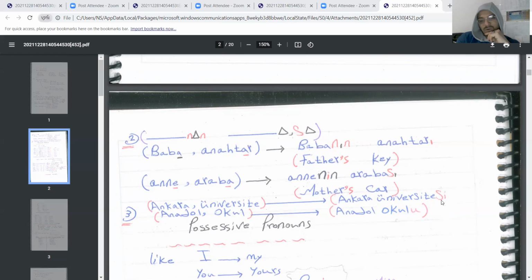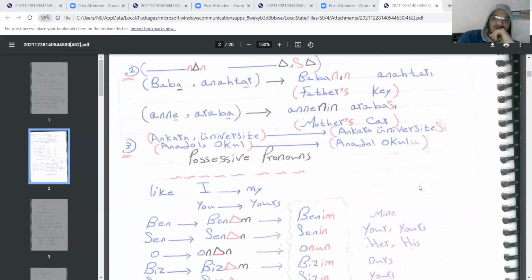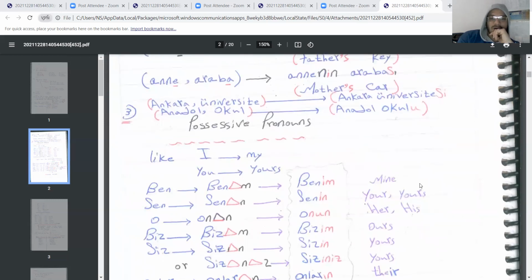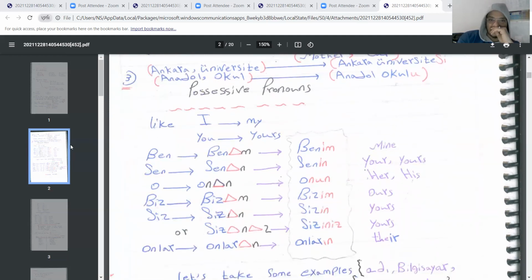and after that I will add the appropriate vowel letter. Here, let's talk about the possessive pronouns like I, me, mine, you, yours, and something like that. Here will be ben, benim, sen, senin, that means your or yours, o, onun, her or his, because like I said before, in Turkish language, we don't have her or his, just we will say o, and you must understand the speaker talks about a girl or boy, man or woman.